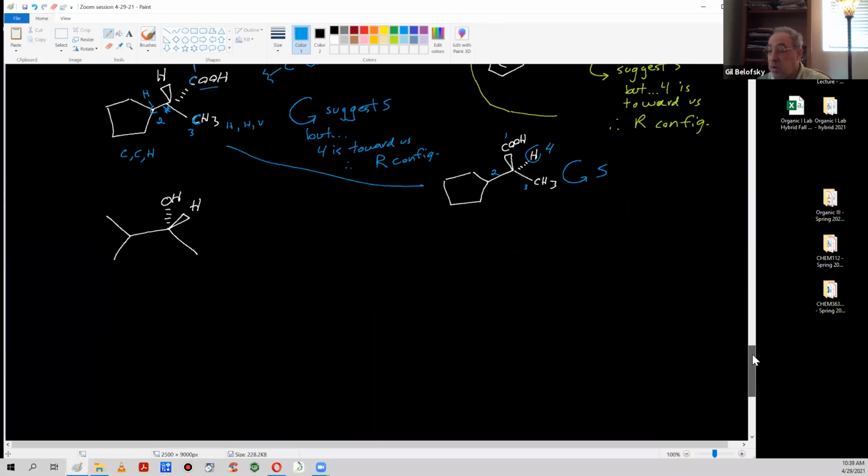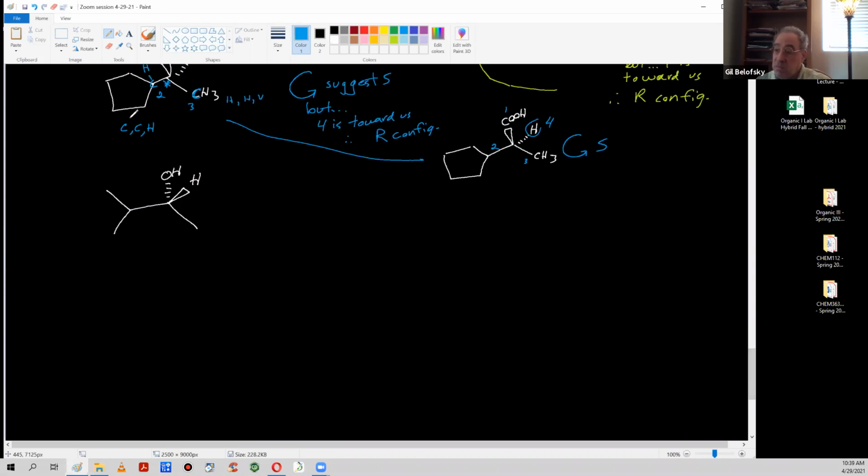All right, I guess one more example, kind of back to a simpler one. Chiral center right there. I'm going to point out one other thing at the end of this, actually. Thought of something else. 4, 1, easy to spot. Hydrogen, oxygen.